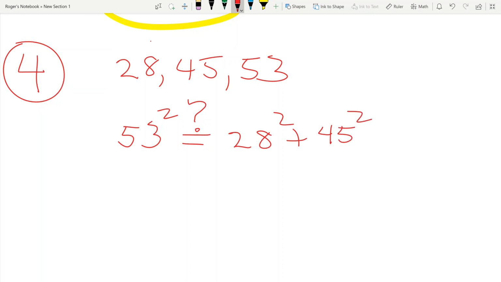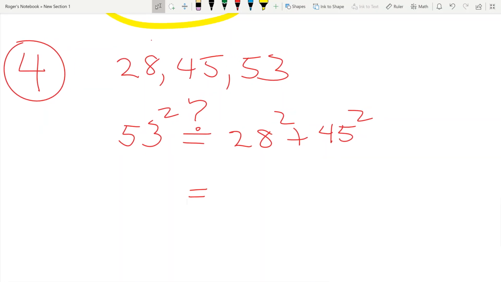Remember, the sum of the squares of the two legs equals the square of the hypotenuse. So here's your question. Are these in fact equal? Again, 53 squared would have to be equal to 28 squared plus 45 squared if this was a right triangle. So are they equal? Well, 28 squared is 784.